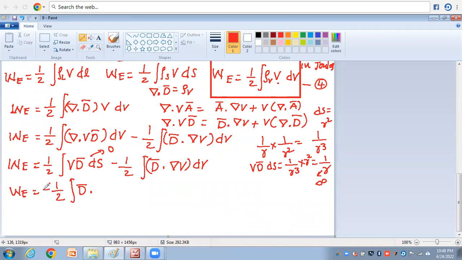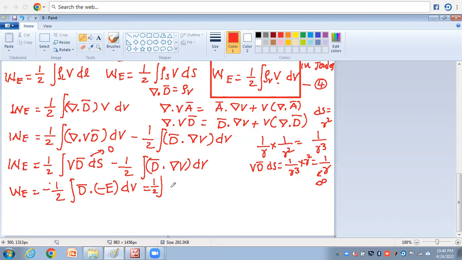So minus E bar, I will write here within the brackets, then as it is, there is dV. Now finally minus and plus get cancelled. Now the integral 1 by 2 is as it is. There is no change.